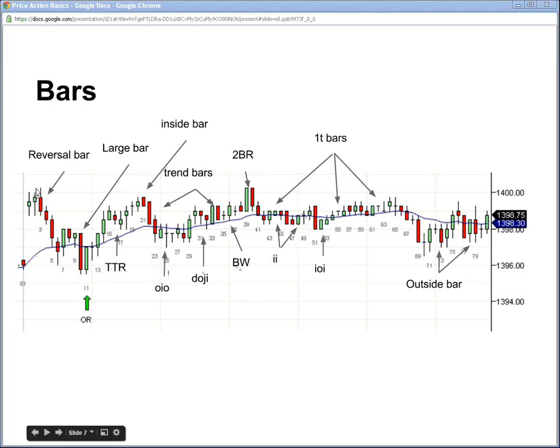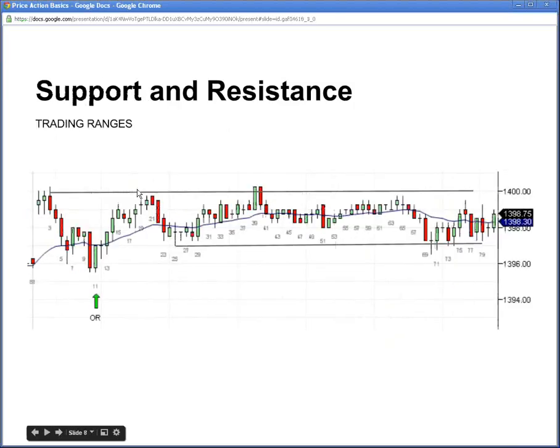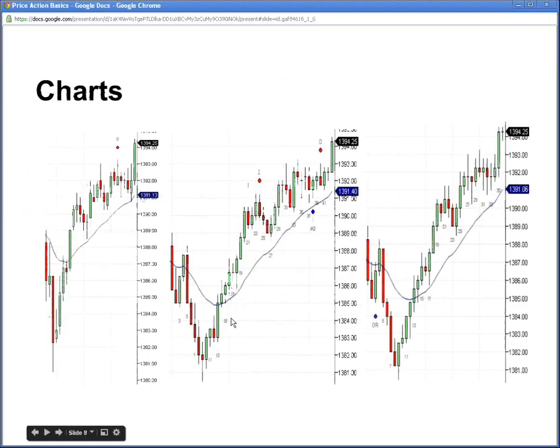If, on the other hand, it was a decent setup, let's say I bought here, and it took me out and closed back up here. At the close of this bar, I realize that this is still a valid setup. I can continue to buy it, or let's say my stop is very tight.